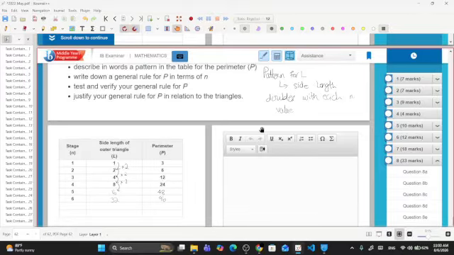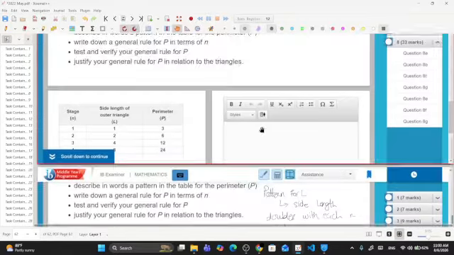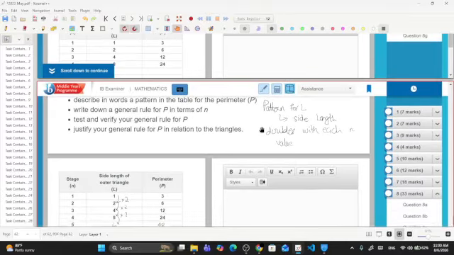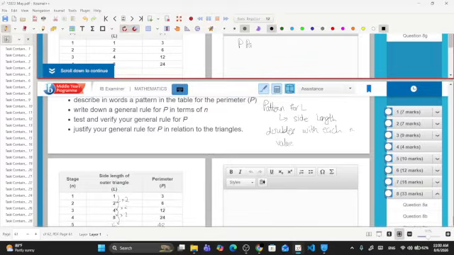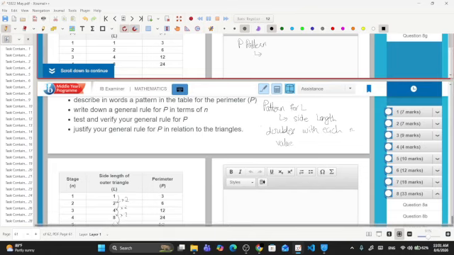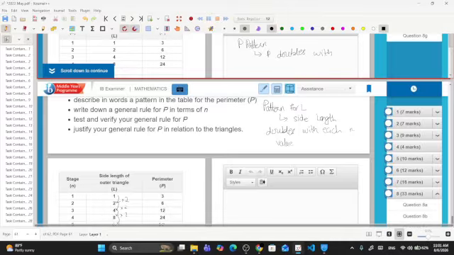How many patterns do we need for L? One or two patterns? Let me check. A pattern in the, yeah, okay, one pattern for L. And let's write down one pattern for P. With the perimeter, we can say that the perimeter doubles with each consecutive stage.